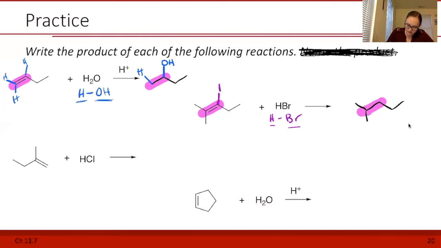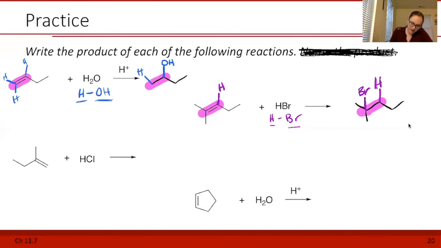So draw in those hydrogens. We've got to figure out our selectivity. So the left side has 0 hydrogens right now. The right side has 1 hydrogen. So my hydrogen from HBr is going to end up on the right side, and then Br will end up on the left.